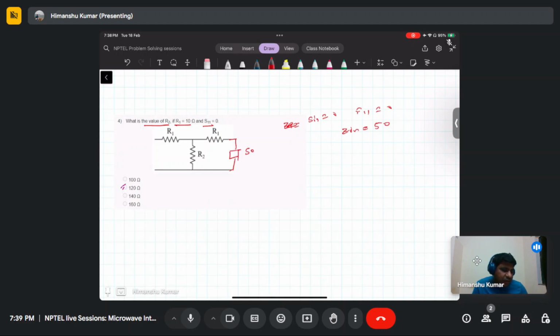So let's calculate the input impedance. What is the value of R2 if S11 is 0?